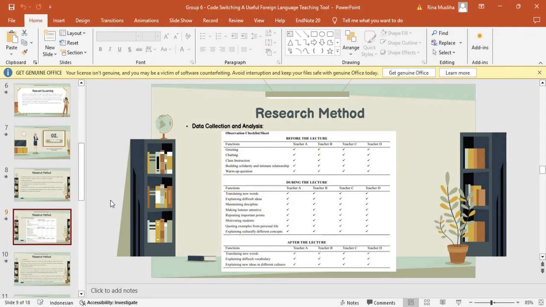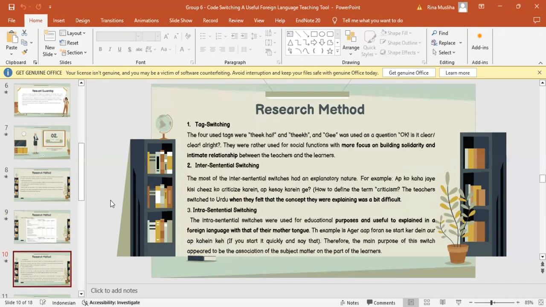And after the lecture, the functions are translating new words, explaining difficult vocabulary, and explaining new ideas in different cultures. There is a checklist here for teachers A, B, C, and D. Then next are the types of code switching that have been used.